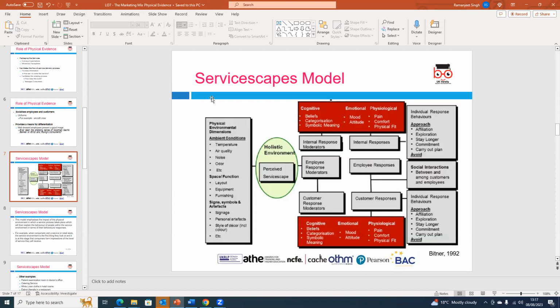The servicescapes model gives you a holistic view in terms of the physical environment dimensions and in terms of the individual response behavior. This is one of the very important models. We looked at the physical environment in terms of temperature, air quality, noise, decor and signage. What about the behavior dimension?